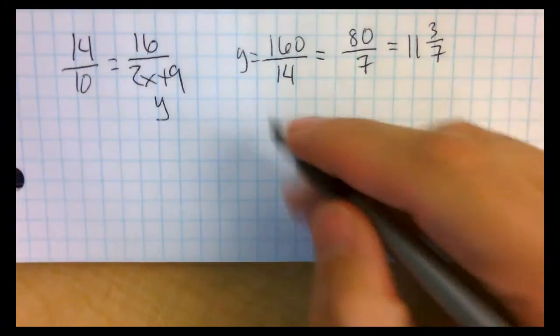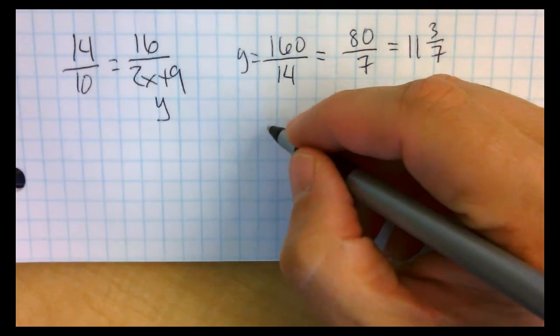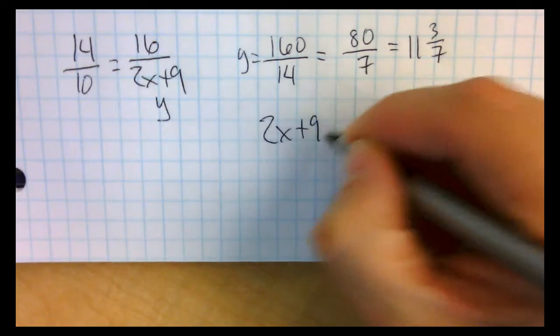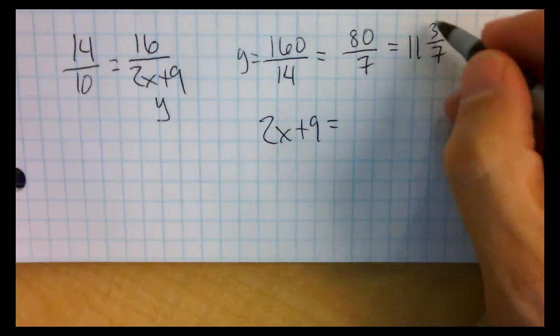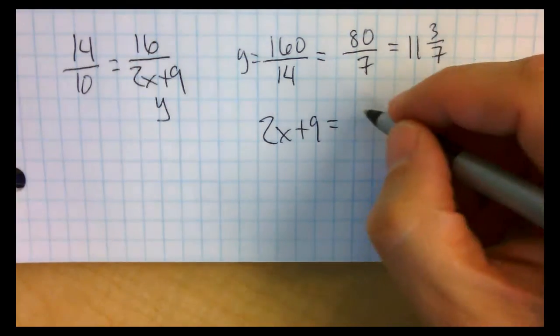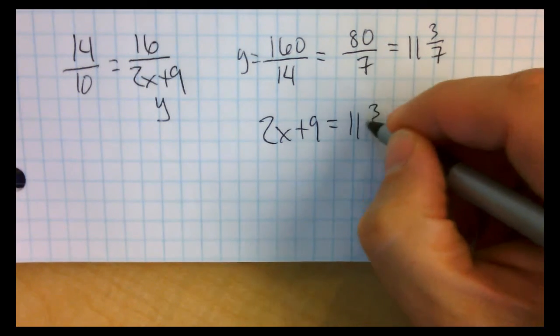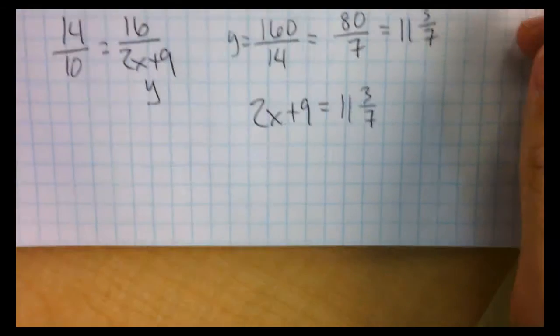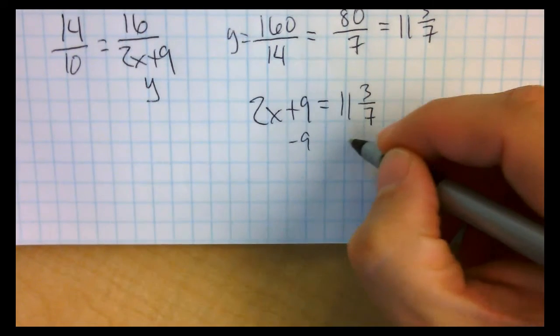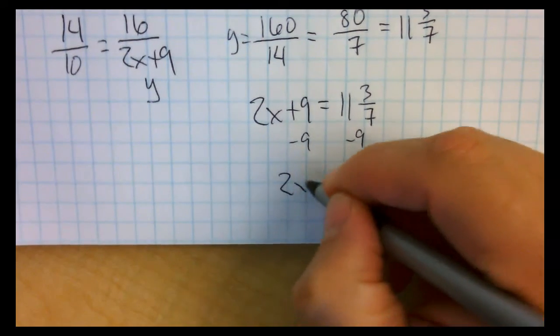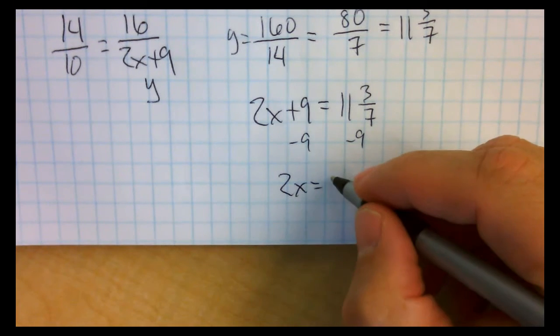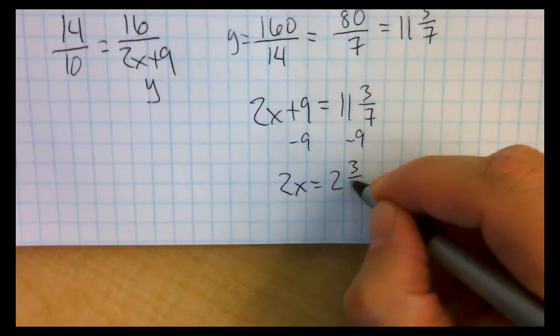And then what I can do to solve for x is say 2x plus 9 equals either 11 and 3/7 or 80/7, whichever I want to do. I'm going to say 11 and 3/7. Then to solve for x, I'm going to subtract 9 from both sides. So 2x is going to equal 2 and 3/7.